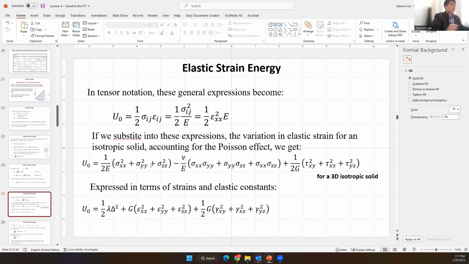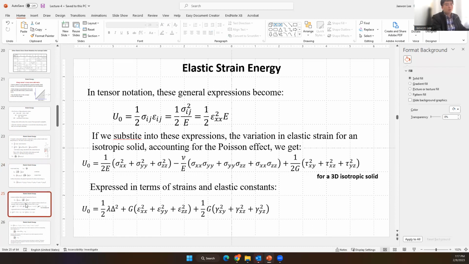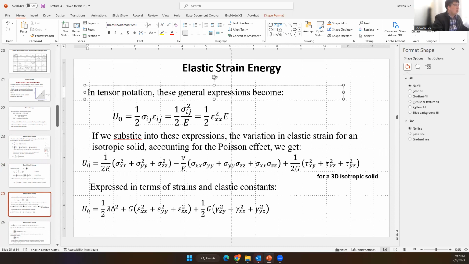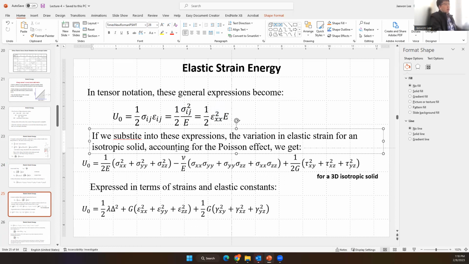But as you can see, this expression is quite large, so many people introduce the tensor notation. We can just use the tensor notations, sigma ij, epsilon ij.